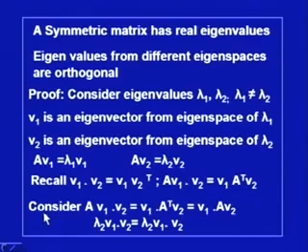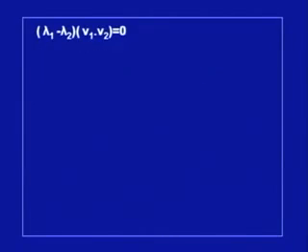So, we start with AV1 dot V2, and this is equal to V1 dot A transpose V2, which is from this property, and since the matrix is given to be symmetric, A transpose is equal to A, so we can write this as V1 dot AV2. Now, I am using this in the first expression. A V1 dot V2 is lambda 1 V1 dot V2, and the right side is lambda 2 V1 dot V2. So, from here we can rewrite that equation as lambda 1 minus lambda 2 multiplied by V1 dot V2 is equal to 0.